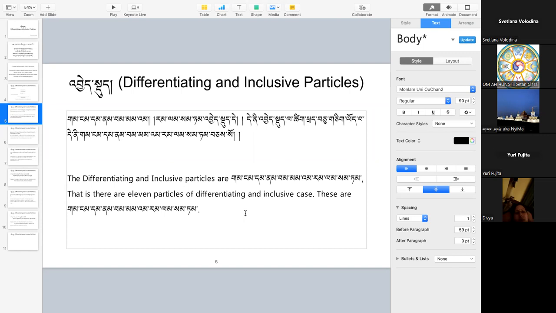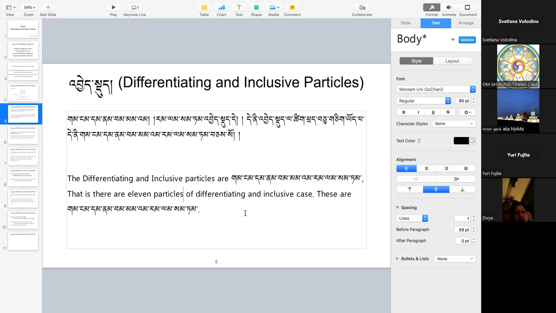And these 11 particles are kham, ngam, tham, nam, pham, mam, hum, ram, lam, sam, tam. When used in the differentiating case, these will be known as differentiating particles. When used in the inclusive case, these will be known as inclusive particles.